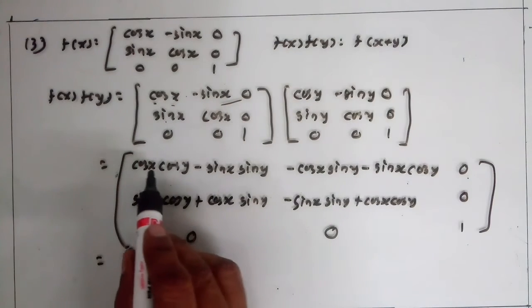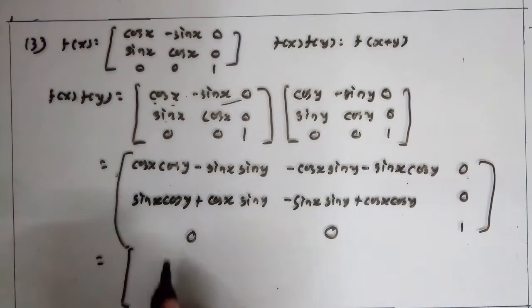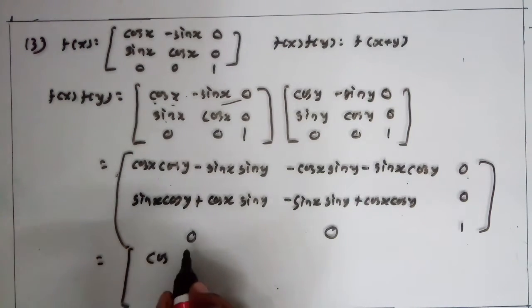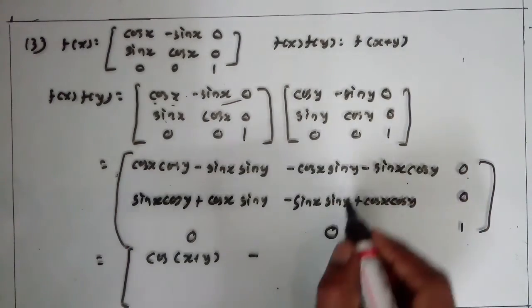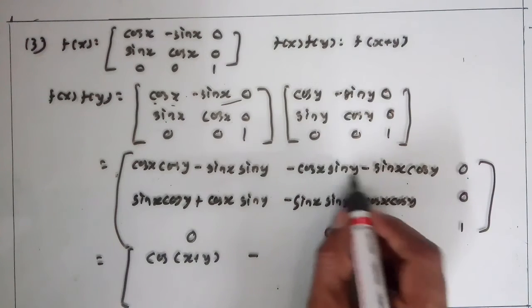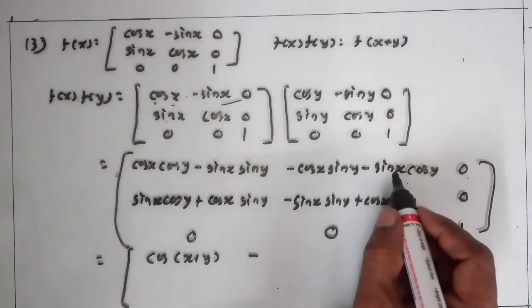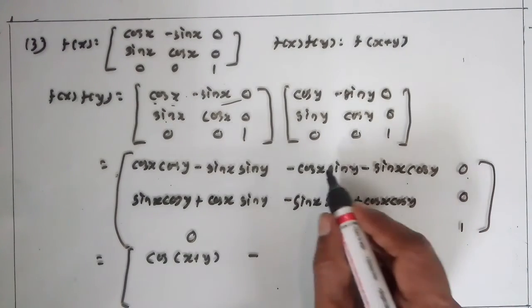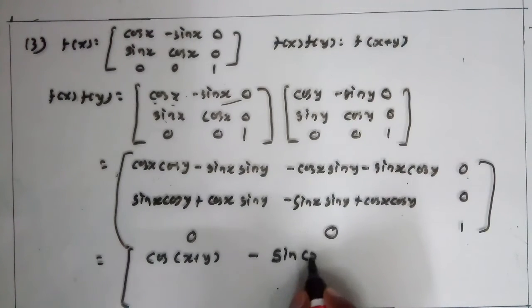So here cos x cos y minus sin x sin y is equal to, we know that formula, this is cos(x+y). Taking minus common, the entry becomes minus (sin x cos y plus cos x sin y), and this is one type of formula of sin(x+y), you know. Clear?